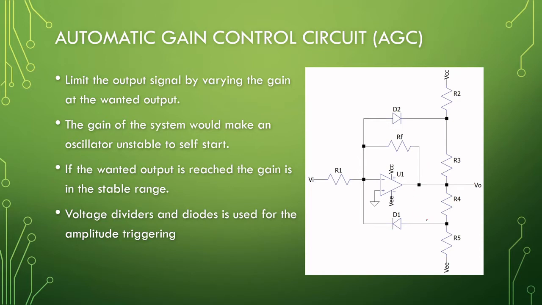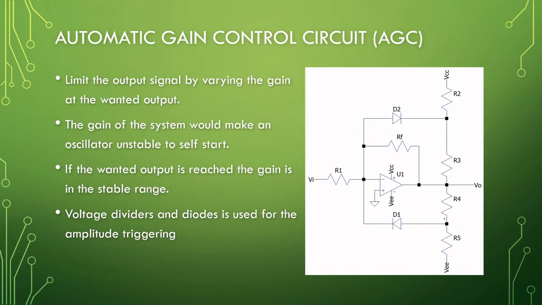These two networks are voltage dividers. Together with a diode, they select the positive and negative limit for the output. The moment the limit on the output is reached, one of these diodes will activate.